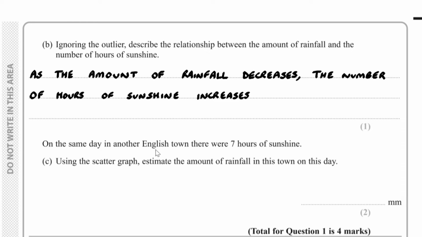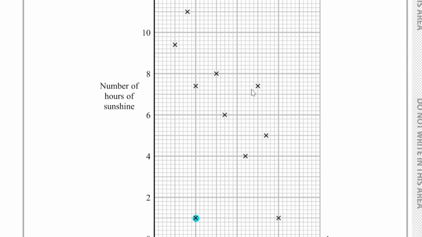On the same day, in another English town, there were 7 hours of sunshine. Using the scatter graph, we have to estimate the amount of rainfall in this town on this day. Our first step is to create a line of best fit. We want roughly the same amount of points above the line as we have below the line. So something like this would satisfy our line of best fit.